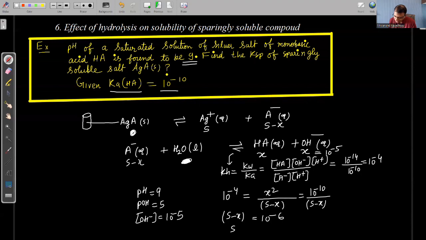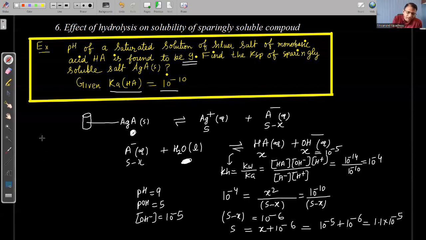And we can calculate what is S. S is equal to X plus 10 to the power minus 6. The value of X is 10 to the power minus 5. So 10 to the power minus 5 plus 10 to the power minus 6, if I simplify this, is 1.1 into 10 to the power minus 5. So this is the value of S.